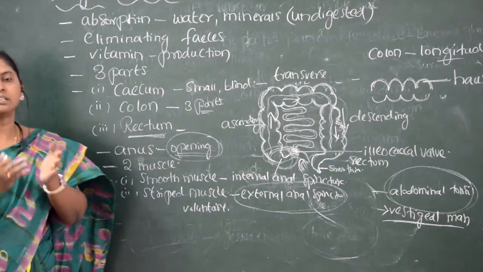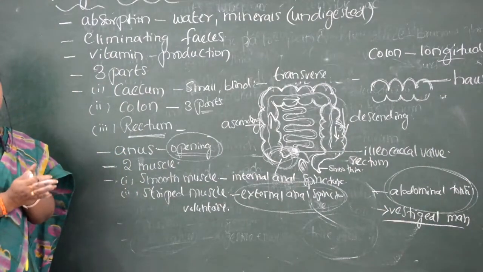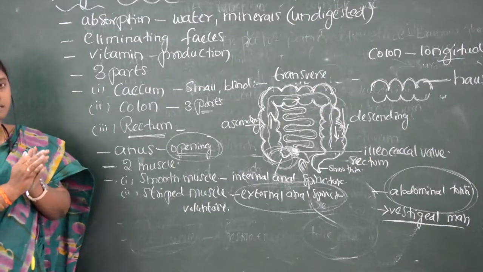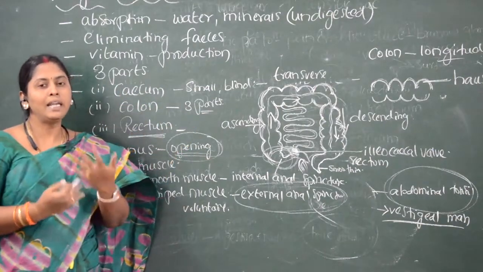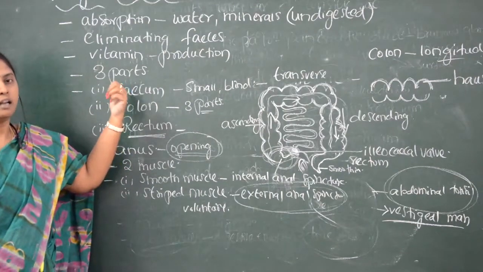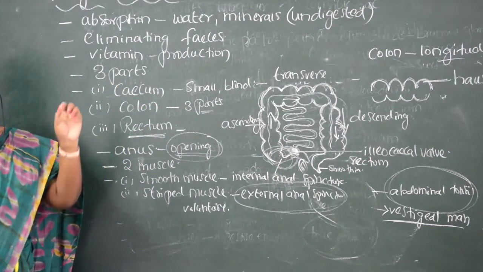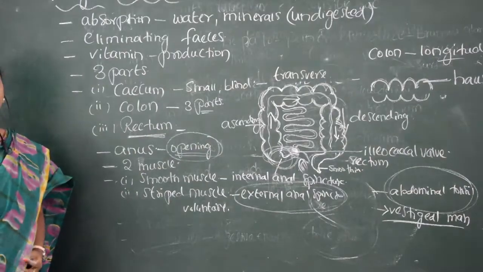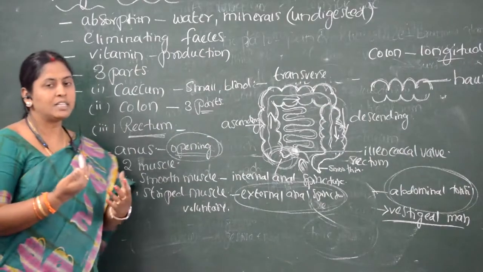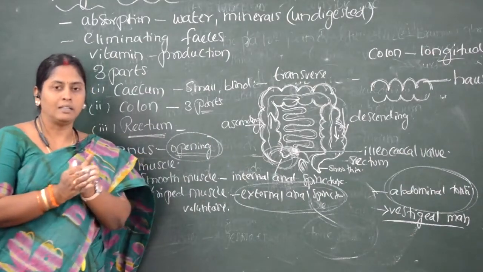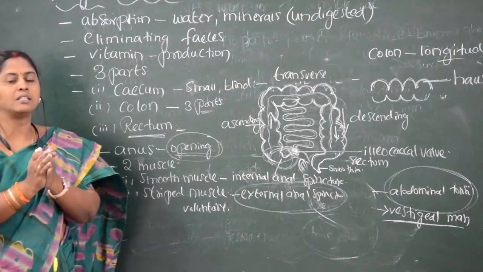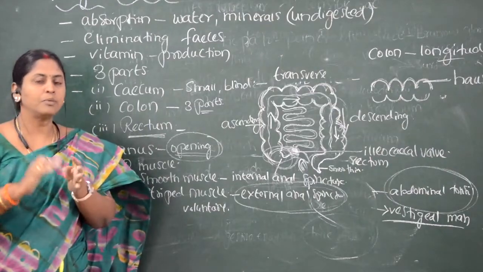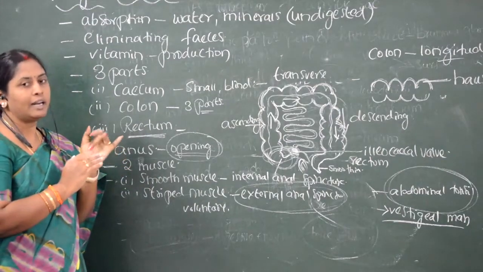If present in the undigested food particles, they are reabsorbed in the large intestine, because absorption takes place in the small intestine and reabsorption takes place in the large intestine. It is 1.5 meters in length. The parts of the large intestine are the cecum, colon and rectum.